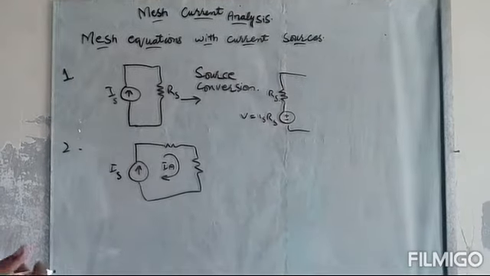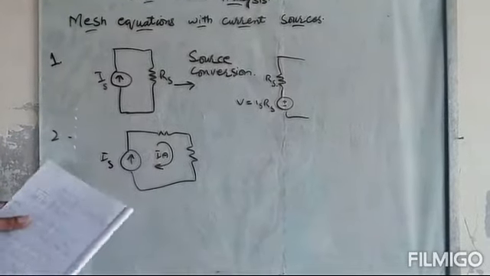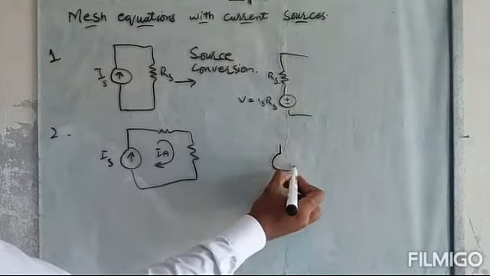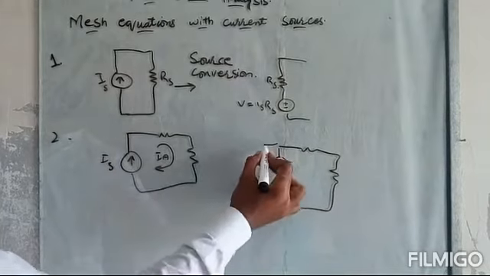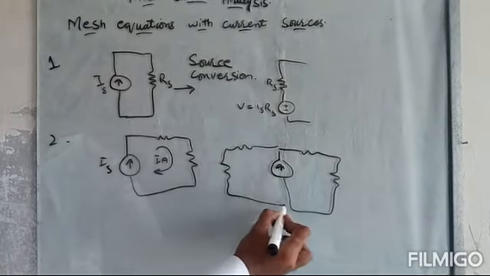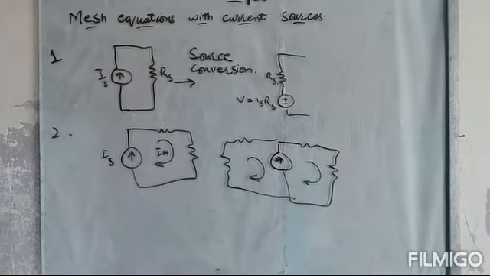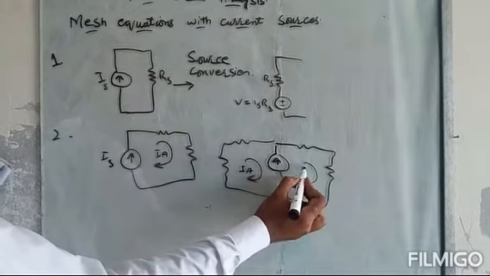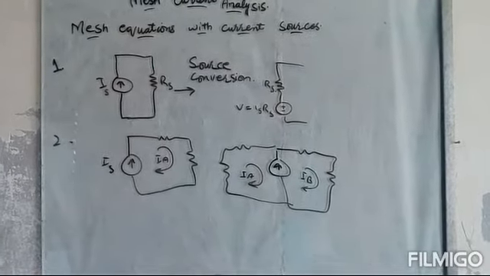The third case is when the source is neither in parallel with any resistance nor in one mesh. Rather, it is shared in two meshes. For example, it is a source and it is shared in two meshes. Now these are two meshes and the source is shared between different meshes A and B. In this case we will have to make a super mesh.